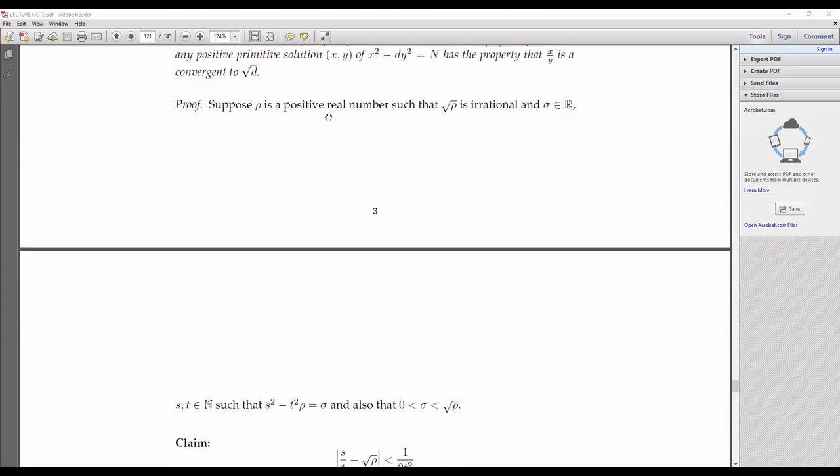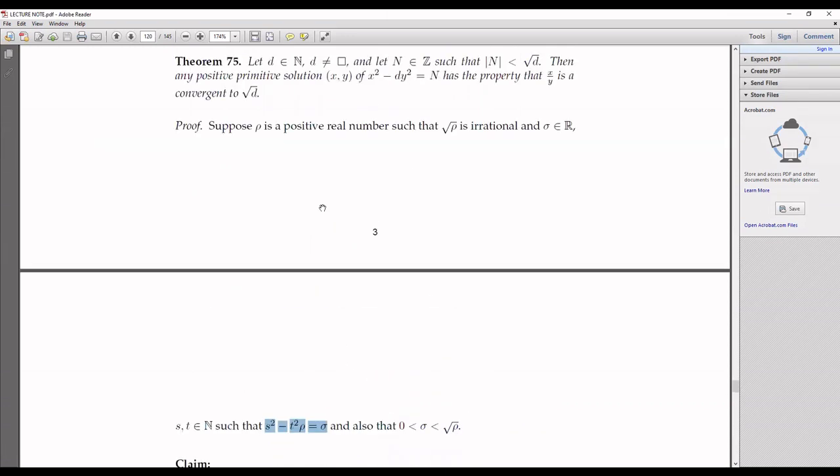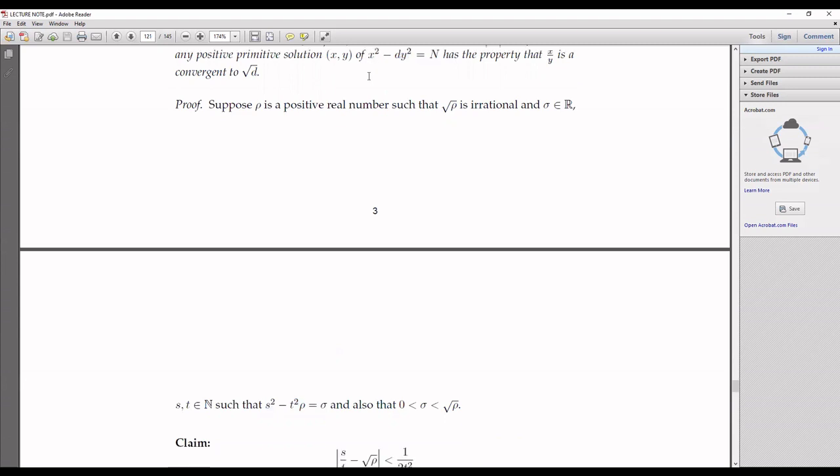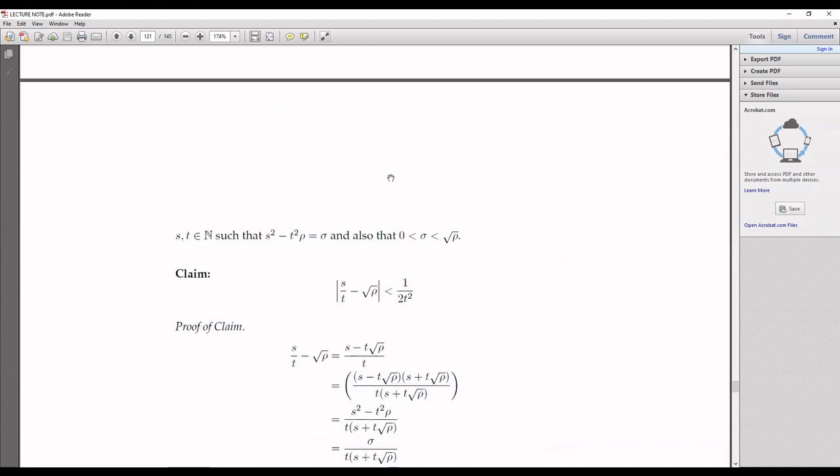Suppose rho is a positive real number such that root rho is irrational, and sigma is any real number, and s, t are any two positive integers such that this equation is true. You can see the resemblance with this equation, right? They are somehow comparing x, y with s, t. They are comparing d with rho, and they are comparing n with sigma.